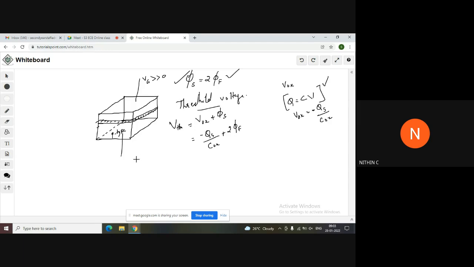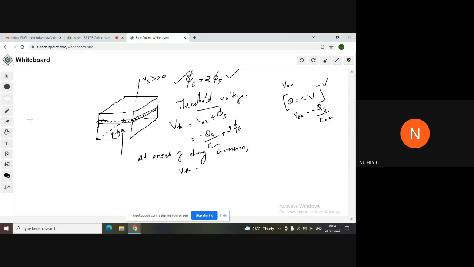Next, you can write the next line: at onset of strong inversion, how the equation changes. VTH can be written as VTH is equal to this QS. I am taking it as QD itself, because at strong inversion, if you take the energy band diagram figure, you can understand that we have a depletion layer.